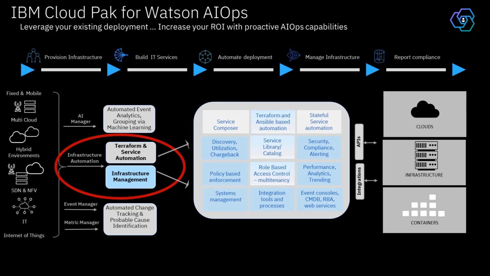Once deployed, they would also be able to automate the deployment, manage the infrastructure, and report compliance, which is what we refer to for the most part for day two. So let's do a scenario quickly with how this works for the IT operations teams. The IT admin team would start for day one operations to build their services with the service automation capability that allows them to use Terraform and Ansible technology.